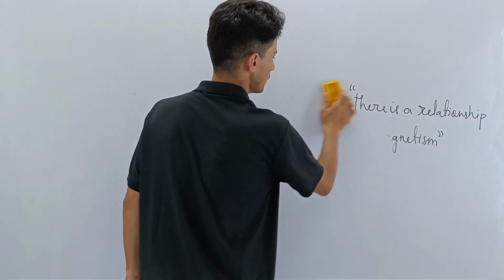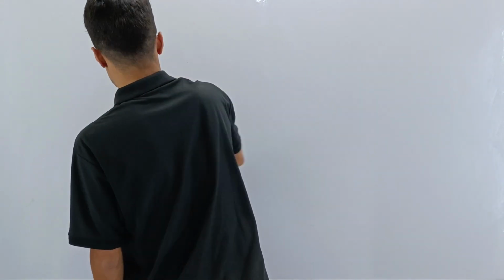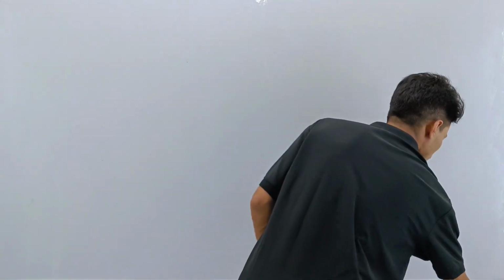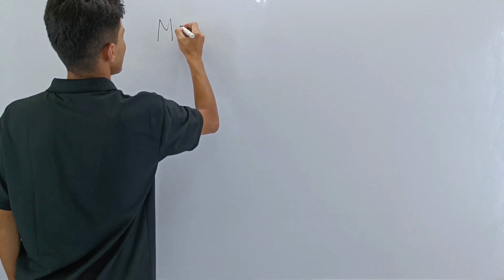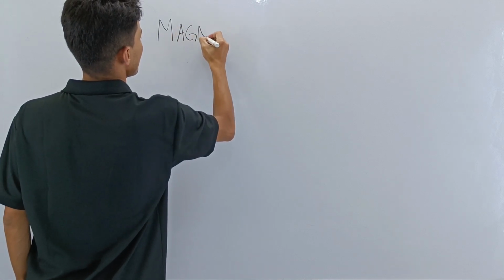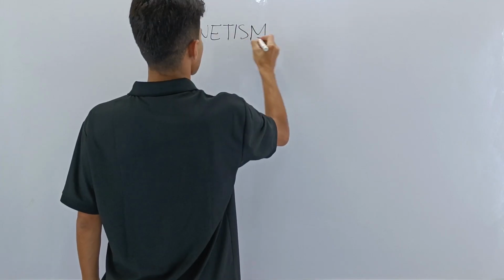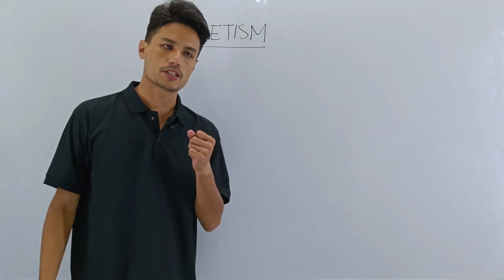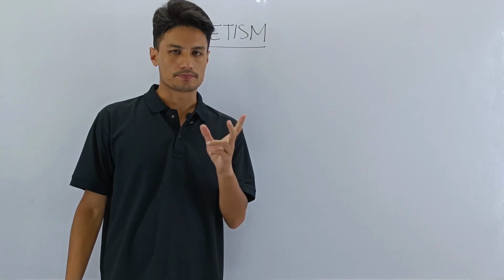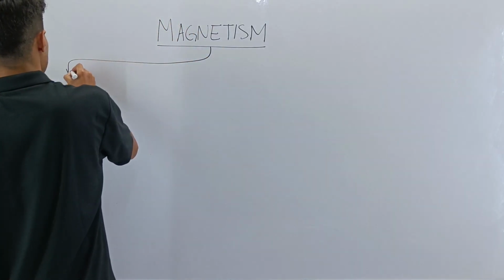Let's learn more about magnetism. Now, magnetism, M-A-G-N-E-T-I-S-M. Now, I want to tell you, my dear students, that magnetism is of two types. We can study magnetism under two types.